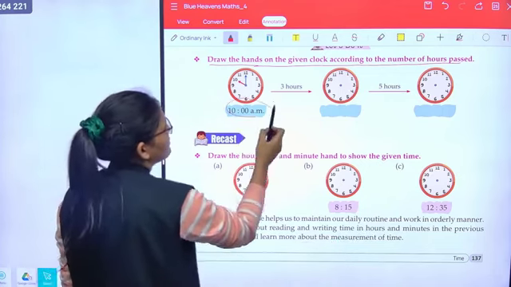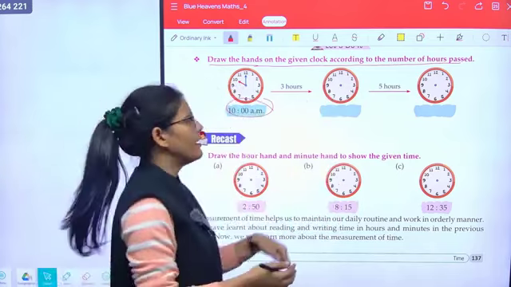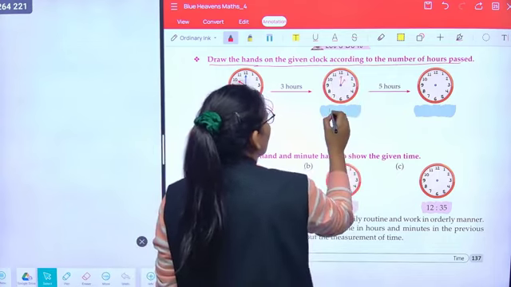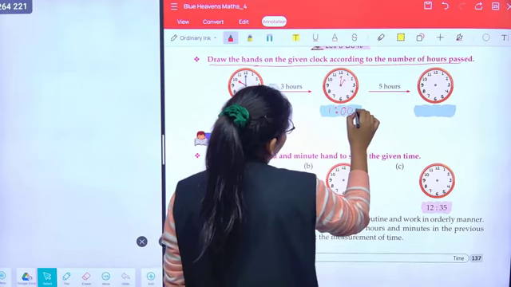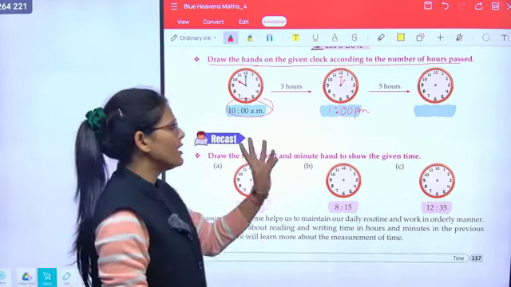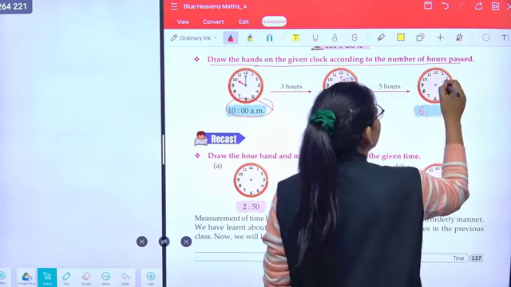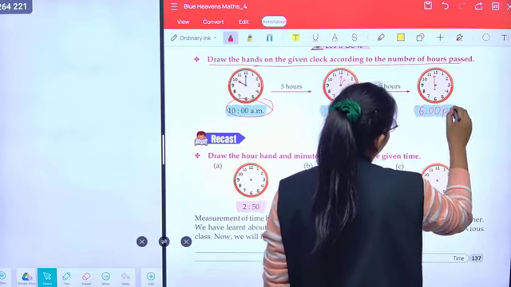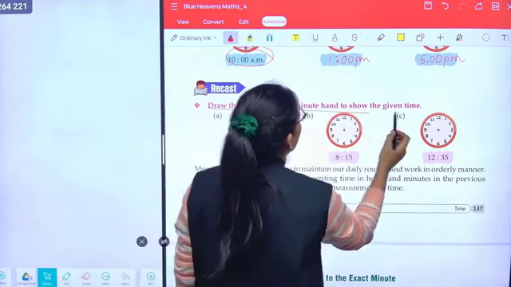Now 10 a.m. Here is 10, then 10, 11, 12, 1 p.m. Now 5 hours after 1 p.m.: 1, 2, 3, 4, 5, 6. Now it is 6 o'clock, 6 p.m. Okay class?